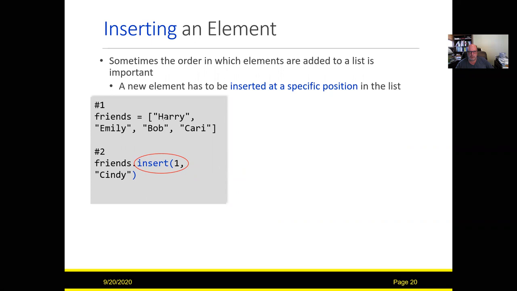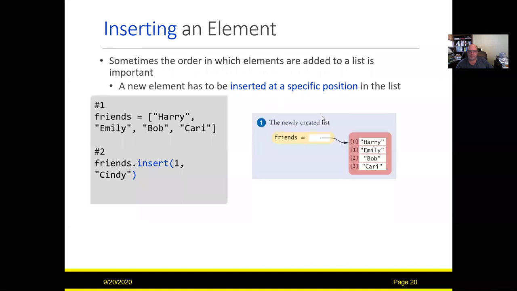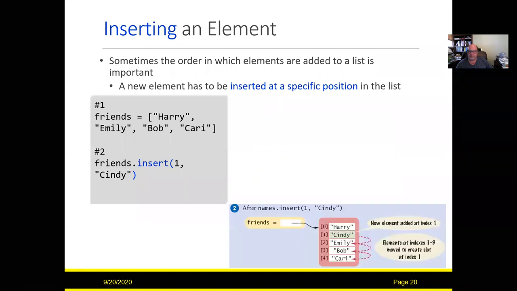So this is my 0, this is my 1, so it's going to insert Cindy right here. And of course, it's going to push everything back. So Cindy is inserted at index 1, and everything else is pushed back.